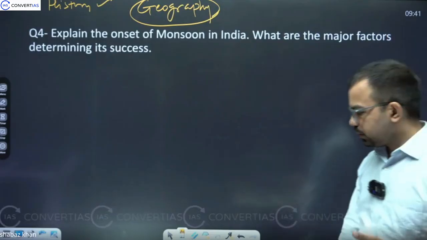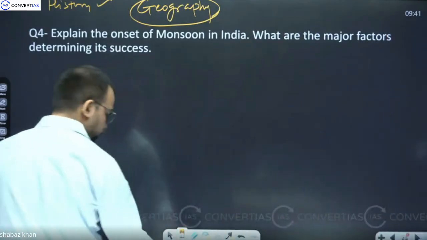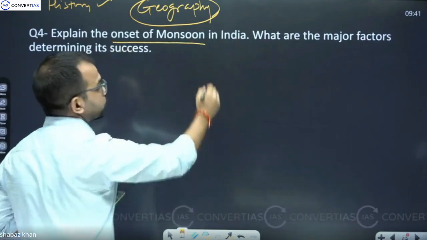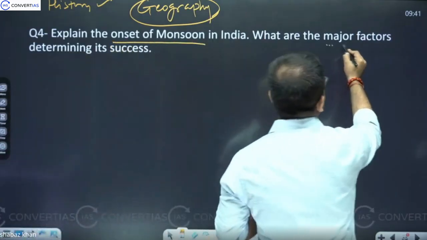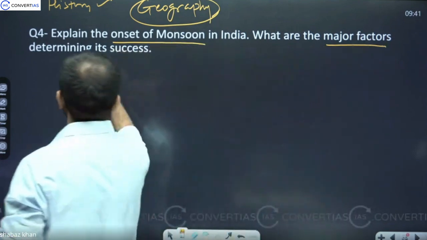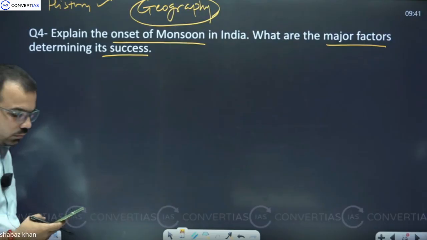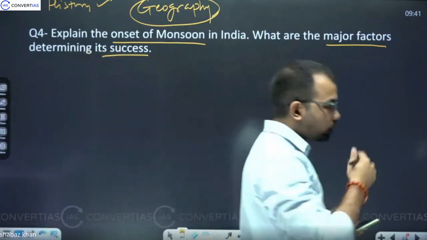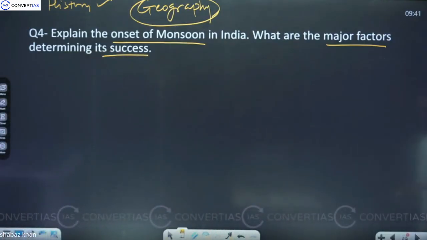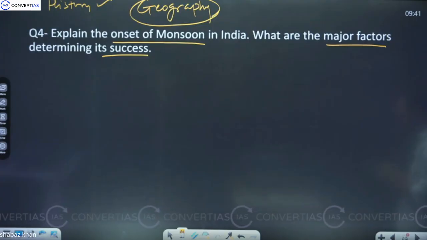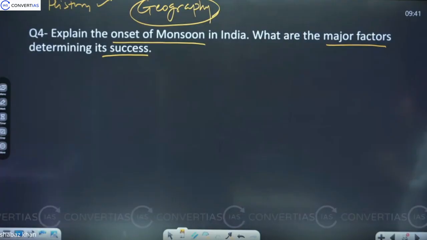Time's up. Do tell me what are the major factors involved here. Do tell me, first of all, the structure of the answer. What is going to be the structure of the answer?